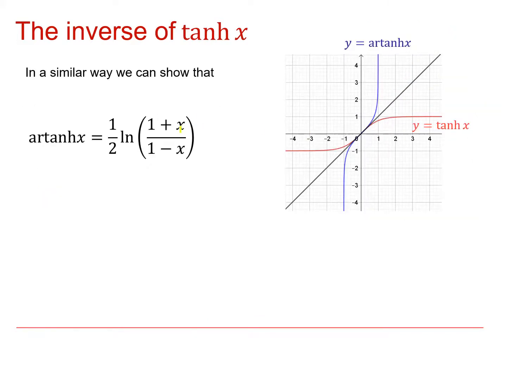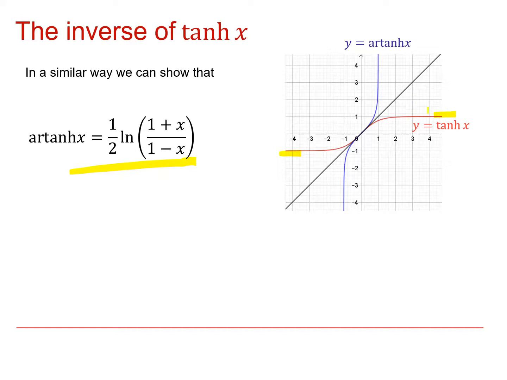Now, in a similar way, we can show that arctanh x is a half log of 1 plus x over 1 minus x, as I've got here. And there's a couple of things to notice from the graph. Tanh x is asymptotic to minus 1 down here and plus 1 up here. And therefore, the domain for our arctanh x is restricted.